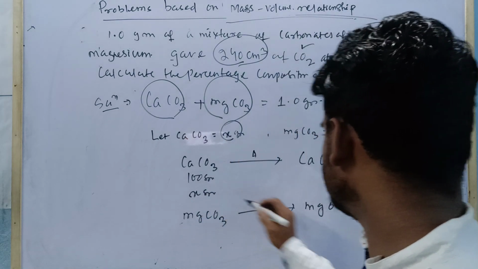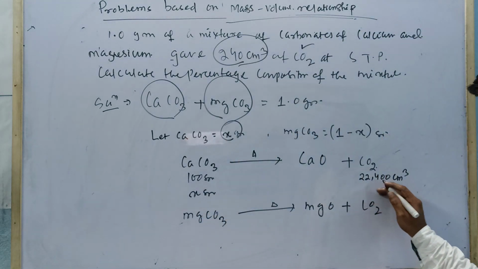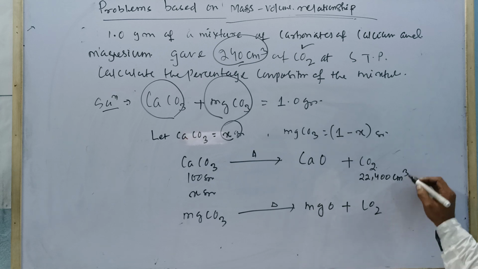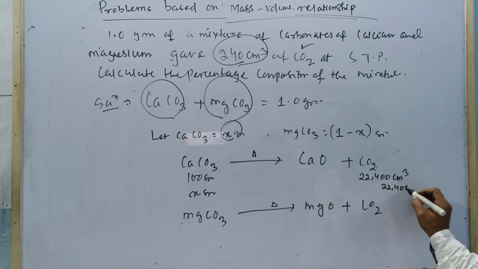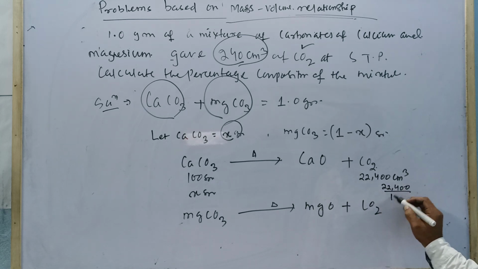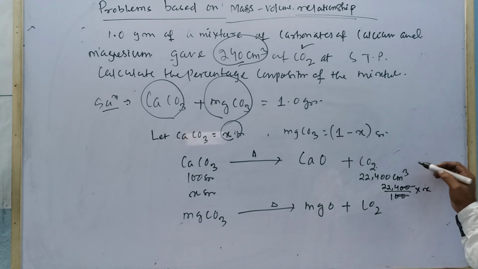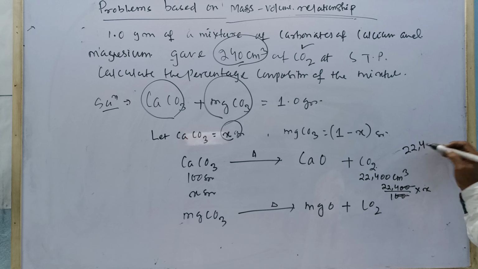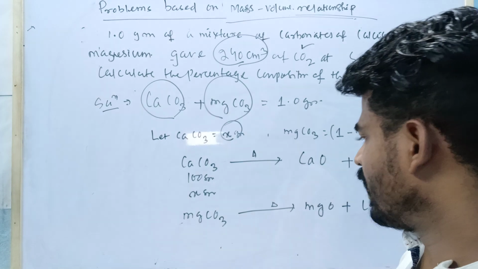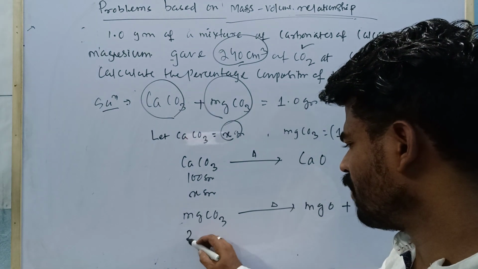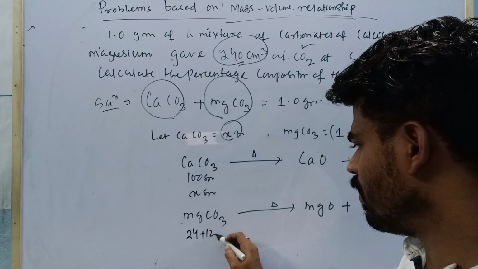X gram will give carbon dioxide 22400 divided by 100 into x, the 00 cancels, so that will be 224x centimeter cube of CO2. Similarly here, magnesium carbonate, magnesium will be 24 plus 12 plus 48.